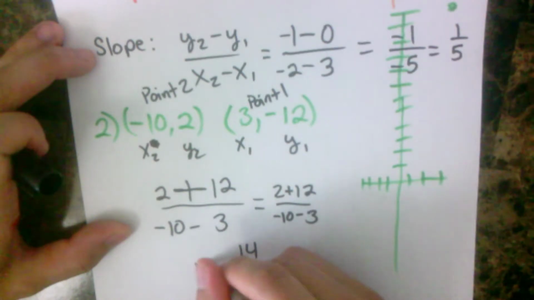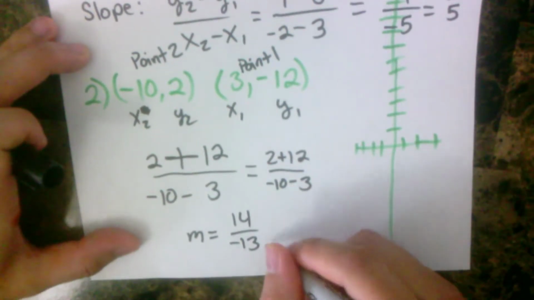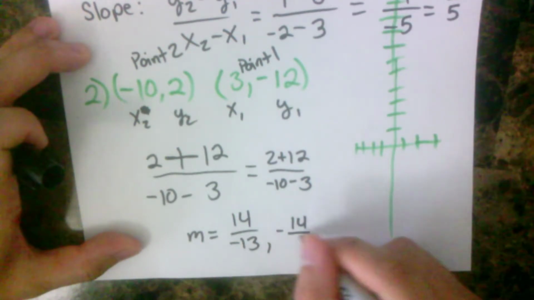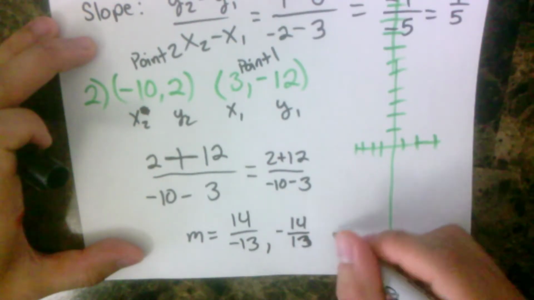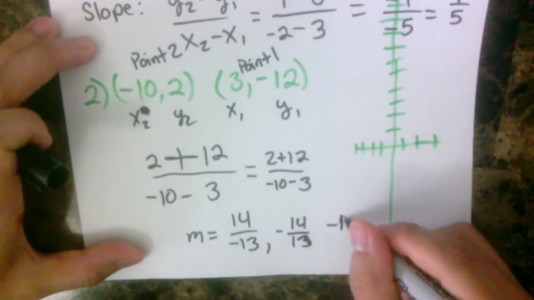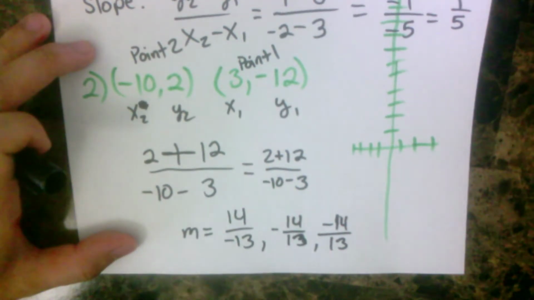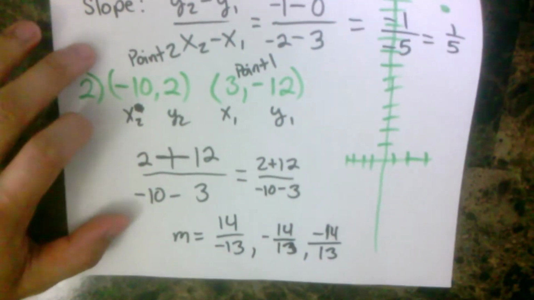So your slope is 14 over -13, which you can write many different ways. You can write this like this, where the negative sign is right across the fraction bar. You could also write it to where your negative sign is on top. It doesn't matter. All these mean the same thing. All right. We'll talk more about slope in class, but that is how to do slope.